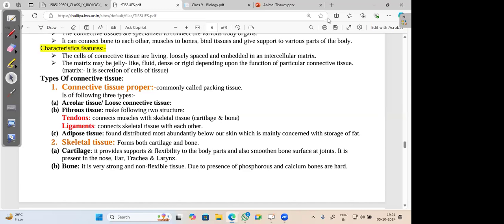Where all do we find the columnar tissue? The respiratory tract. Yes, today also we did this. So columnar tissue is present in the intestine, forming the lining of the intestine where it performs the function of absorption. Ciliated epithelium forms the tracheal lining.